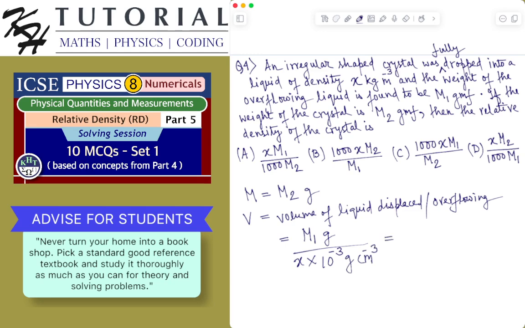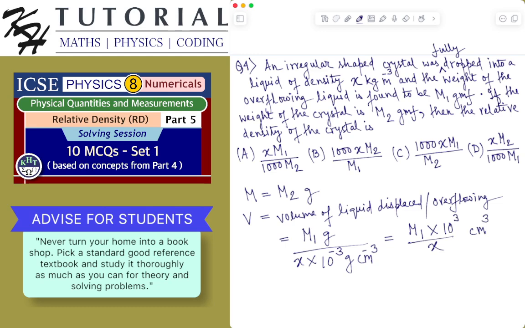So we can see that the volume V of the crystal, which is equal to the volume of the liquid overflown or displaced, is m1 divided by x times 10 to the power minus 3. We can simplify it as m1 multiplied by 10 to the power 3 divided by x, this much centimeter cube.